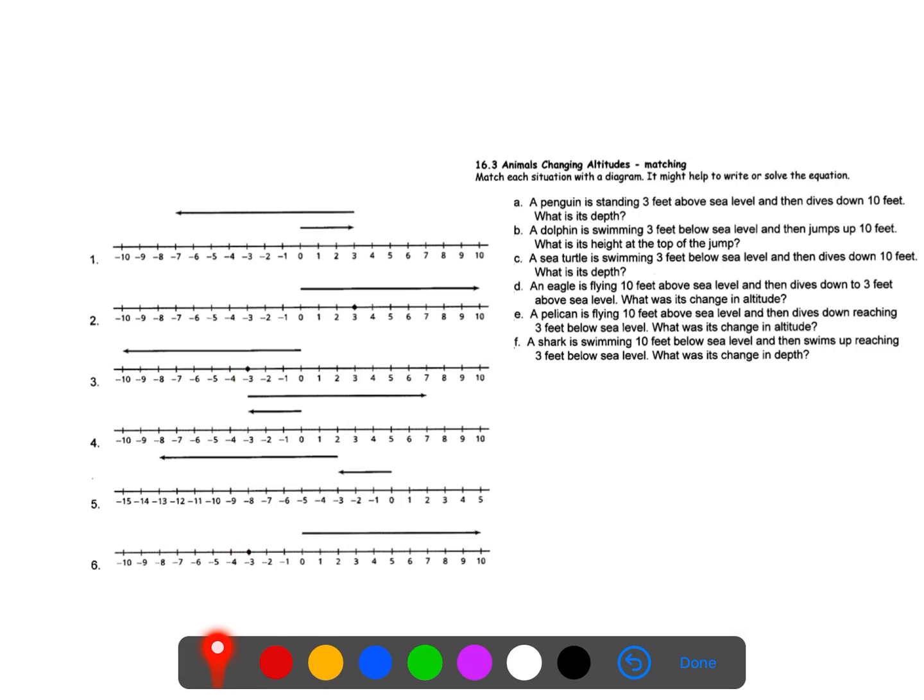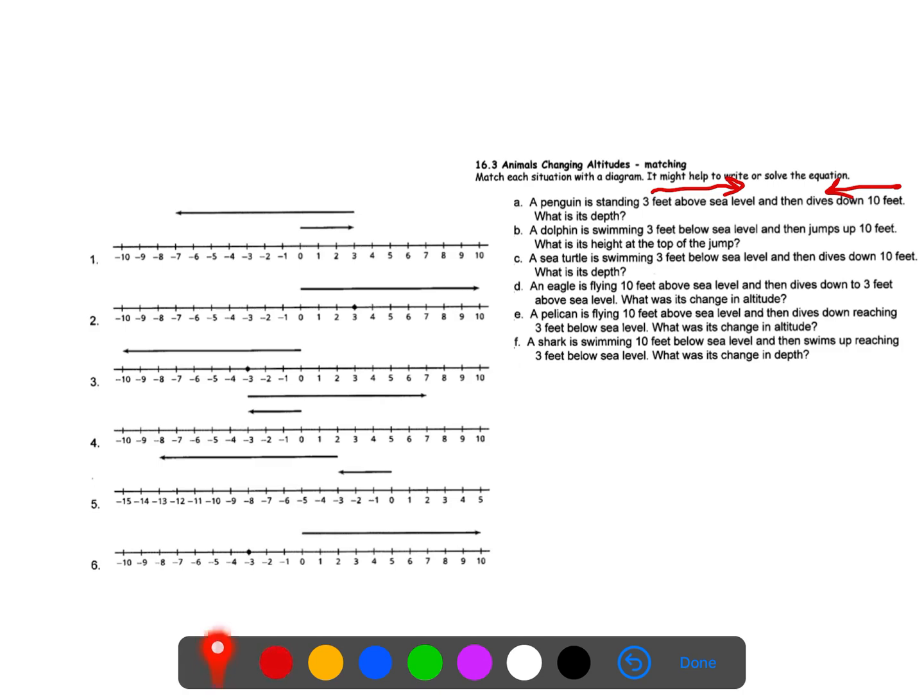So let's look for our first situation. A penguin is standing 3 feet above sea level and then dives down 10 feet. What is its depth? So in this number line, I'm going to look for an arrow that's moving to the right to go above sea level, to go in the positive, and then dives down 10 feet is going to go down in the negative.